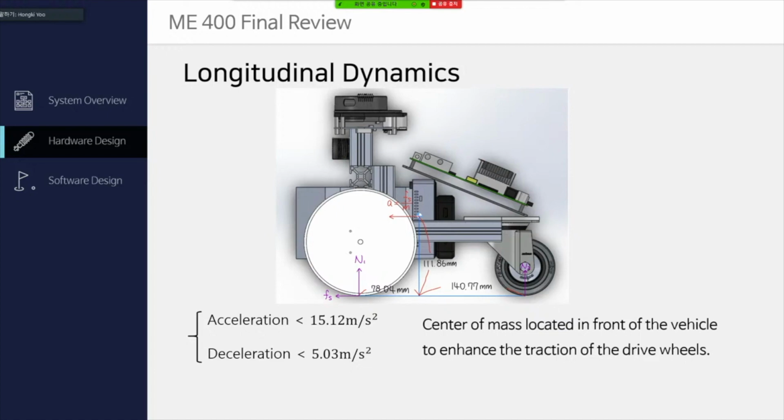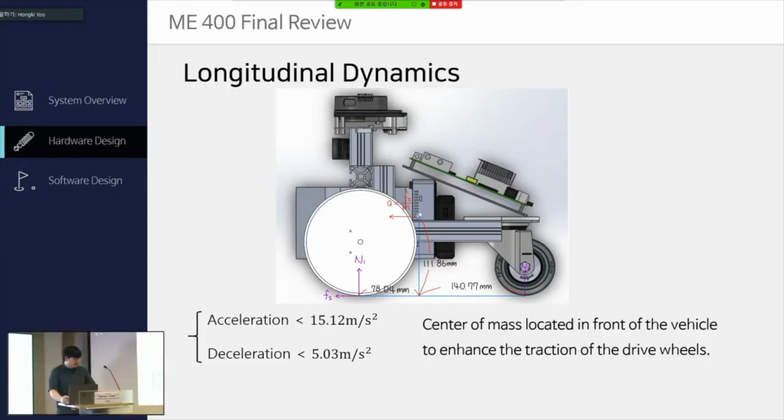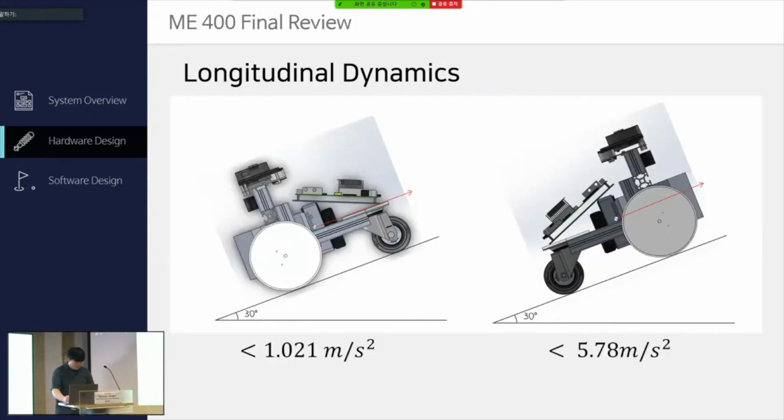When the vehicle accelerates, it should have an acceleration under 15 meters per second squared and under 5 meters per second squared when decelerating. When the vehicle climbs forward, the acceleration should be under about 5.8 meters per second squared and less than 1 meter per second squared for backward climbing.